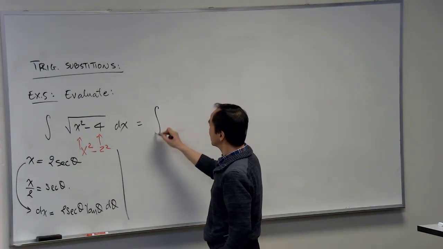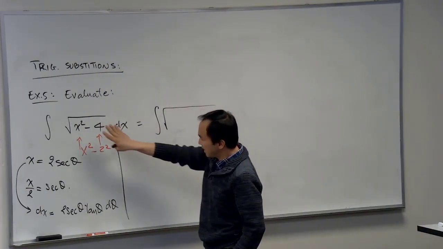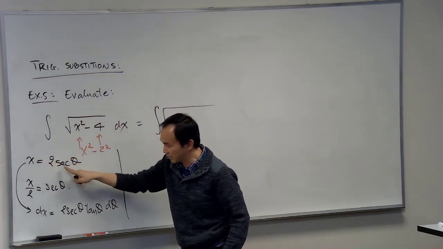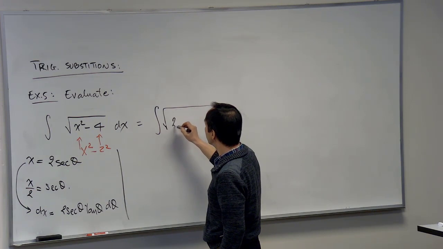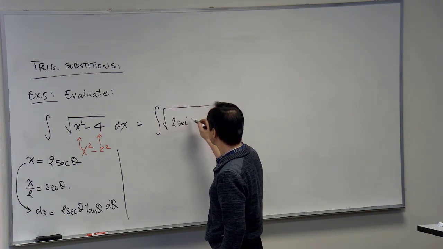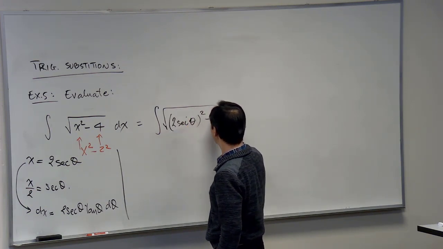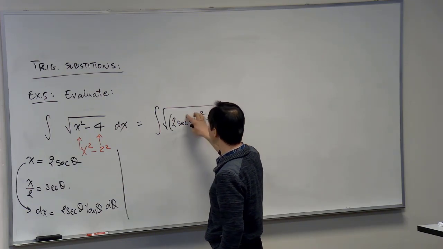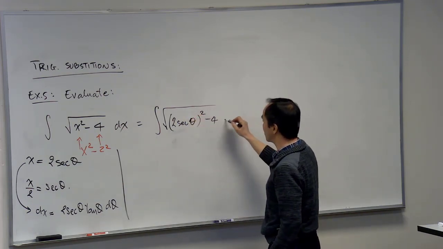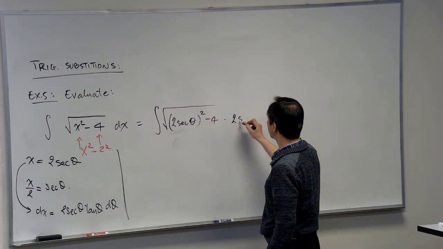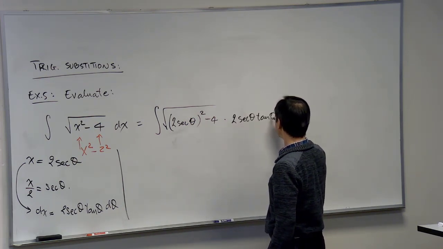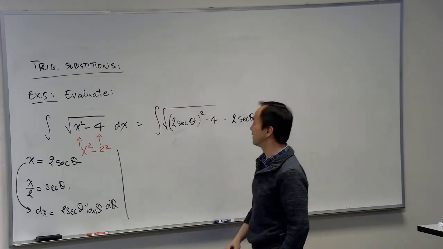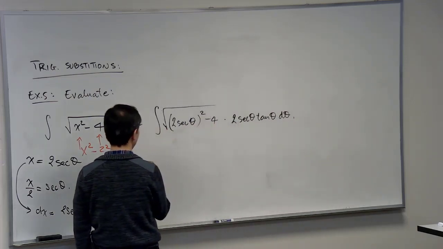So there's a square root, right? x was substituted by 2 times secant theta. So I have 2 times secant theta, all squared minus 4, right? And then the dx here is substituted by 2 times secant theta times tangent theta, d theta, right?